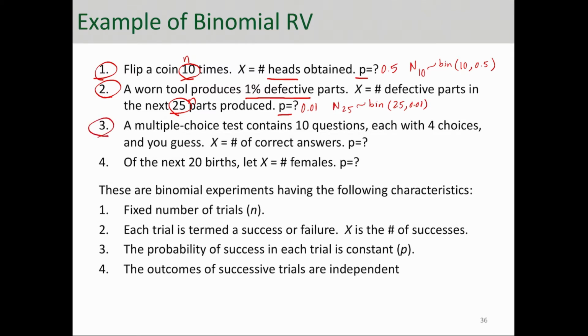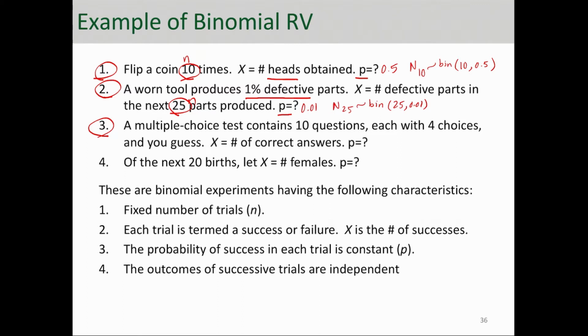A multiple choice test contains 10 questions, each with 4 choices, and you guess. Basically, you have no idea about this test. You come to the test unprepared, and you have 10 questions in front of you. The number of correct answers at the end of the test is a binomial random variable, because on every trial, which is every question, there's a success and there's a failure.